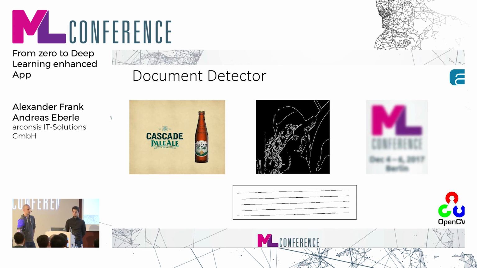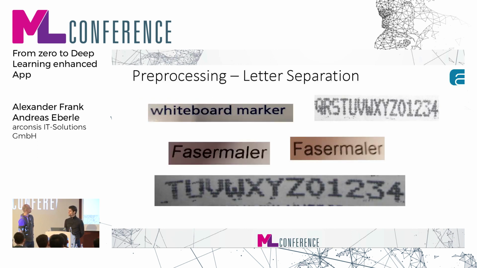Okay, so what we then want to do is for pre-processing to then separate the letters. So as you can see, with varying conditions, some shadow over here, varying blurriness, so it's more sharp on that side, more blurry on that side, or even something like needle dot prints, where you still need to separate the letters from each other and don't separate the letter by itself.